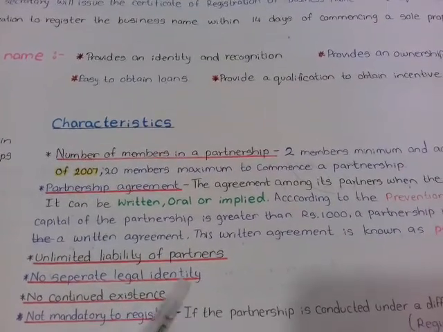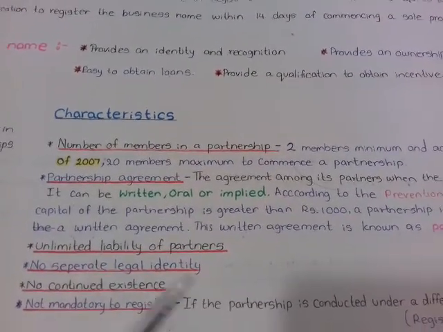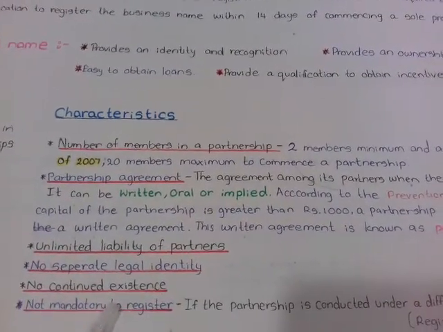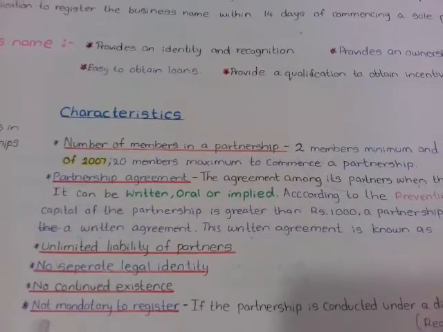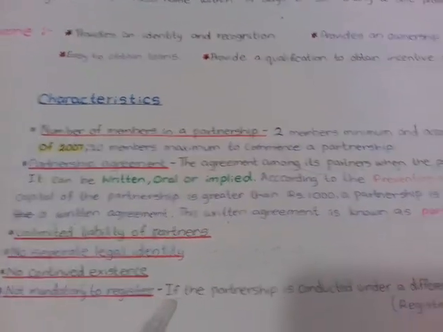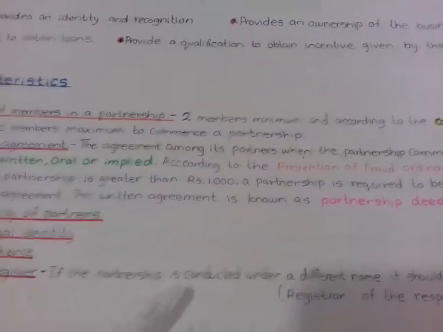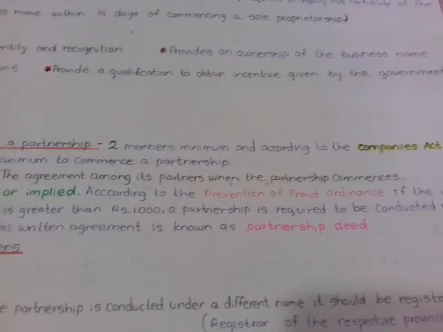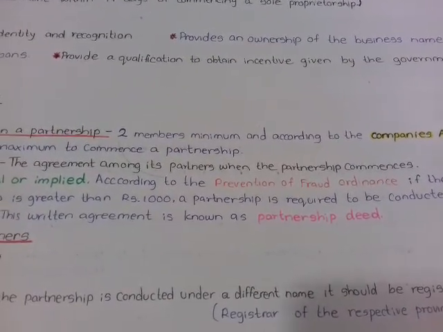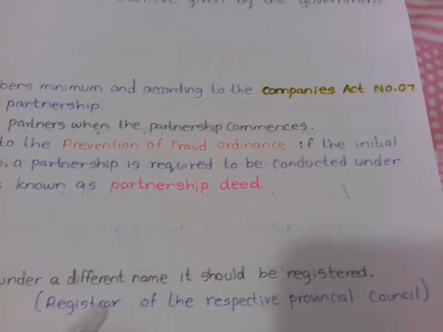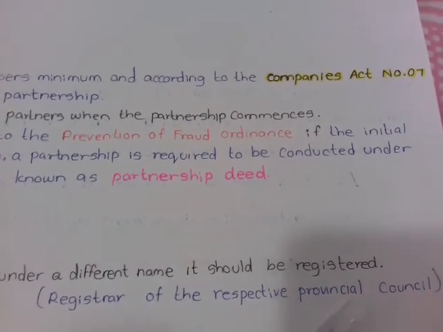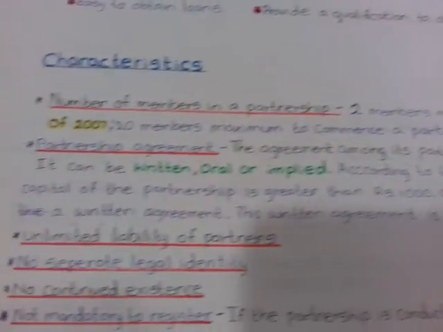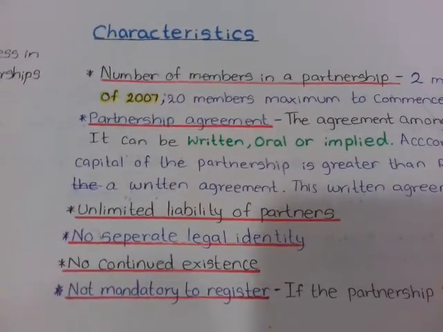If one partner is dead or mentally disordered, so he cannot continue the business, the partnership ends. And not mandatory to register. That is also, if the partnership is conducted under a different name instead of the full names of the partners, that also should be registered by the registrar of the respective provincial council. So these characteristics are very similar to sole proprietorship characteristics.